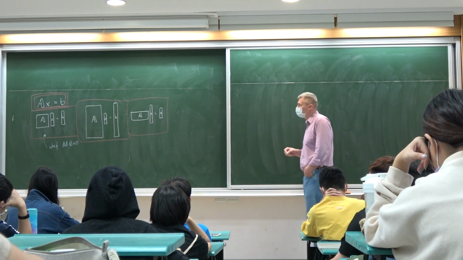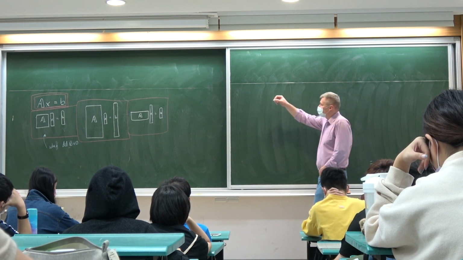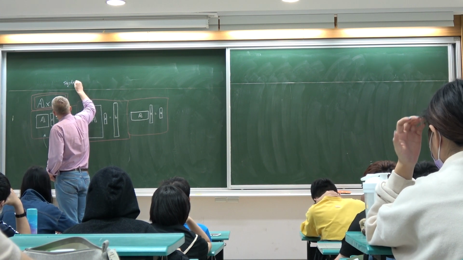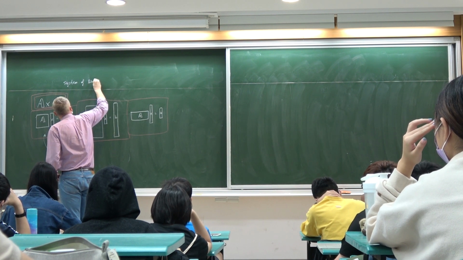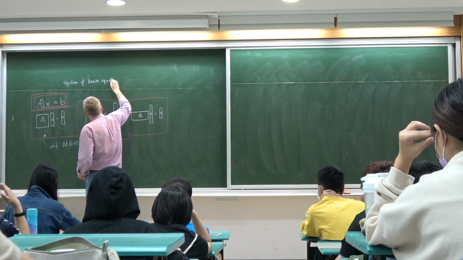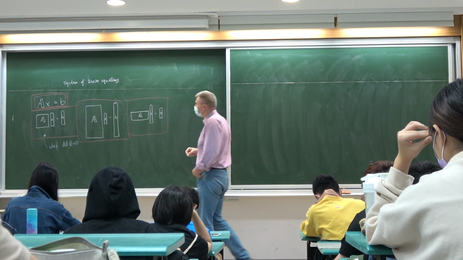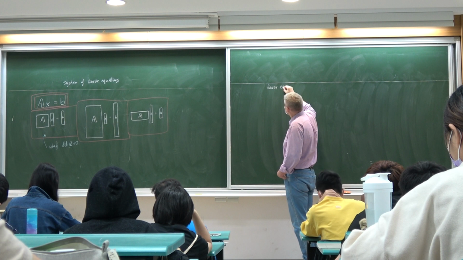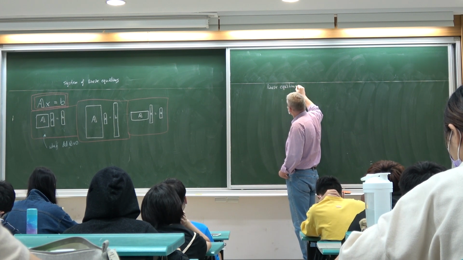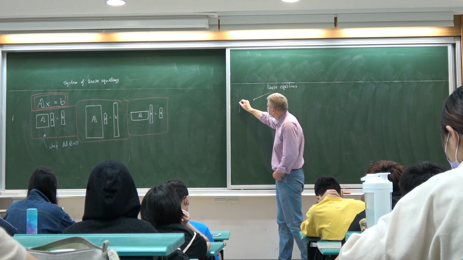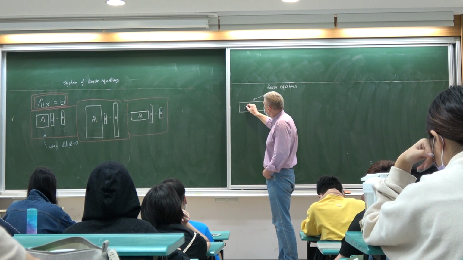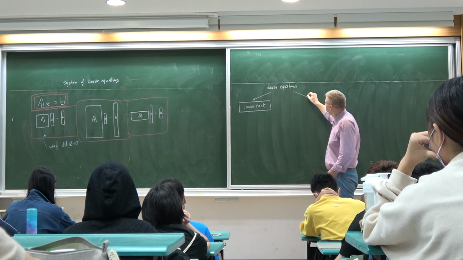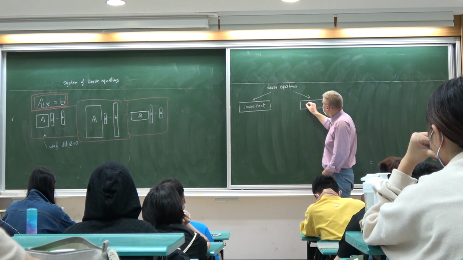First, we should understand if this problem has solutions or not. So this problem is called a system of linear equations. And these systems of linear equations would be inconsistent or consistent.